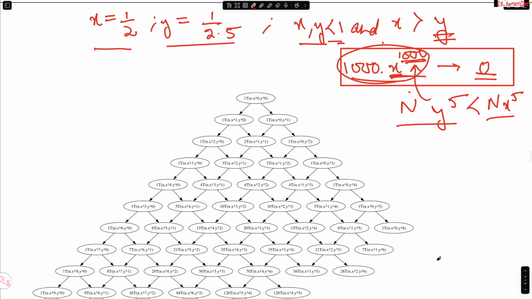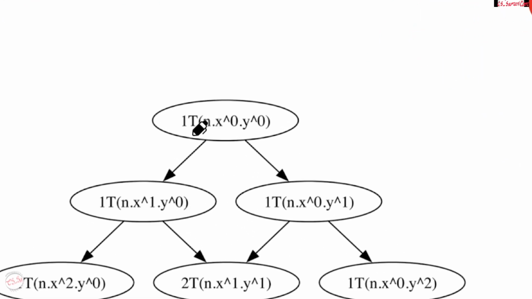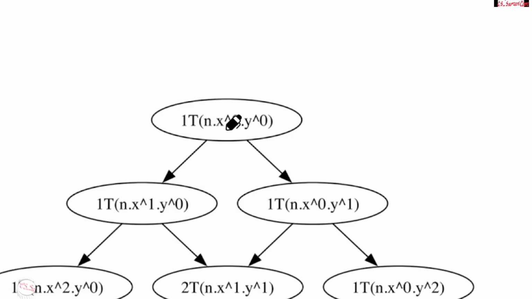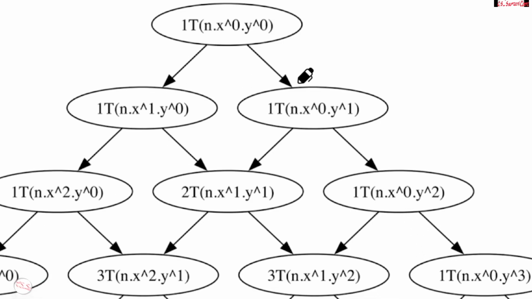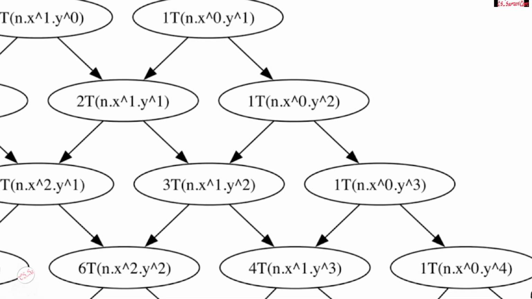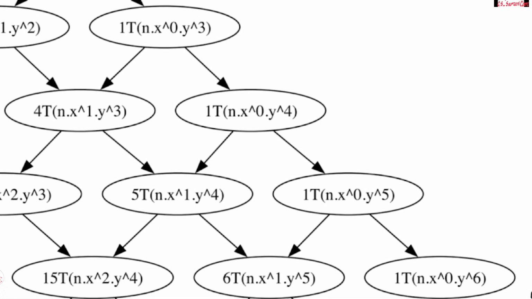So see, observe this pattern. This is the x^n y^0, then n y, where x is still 0 when I observe the rightmost branch, right? Then n y square, likewise n y cube, likewise n y^4, y^5, right?